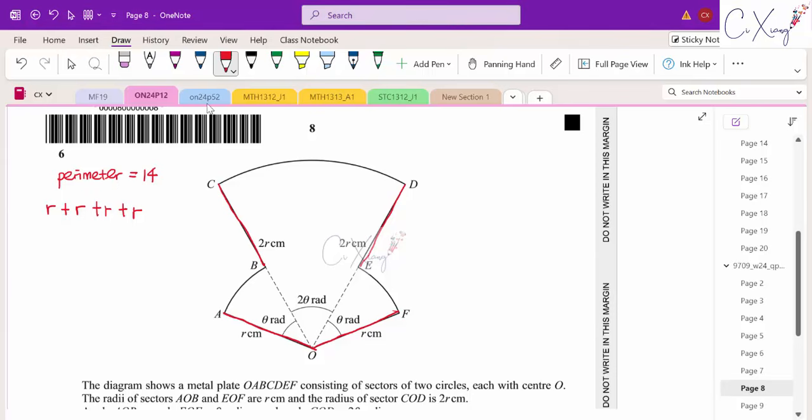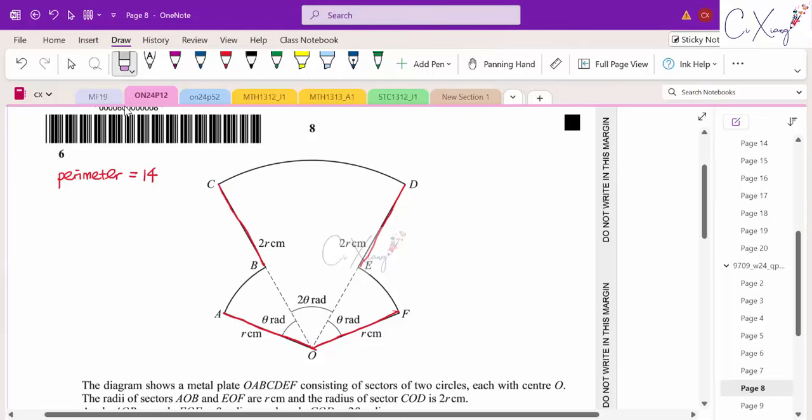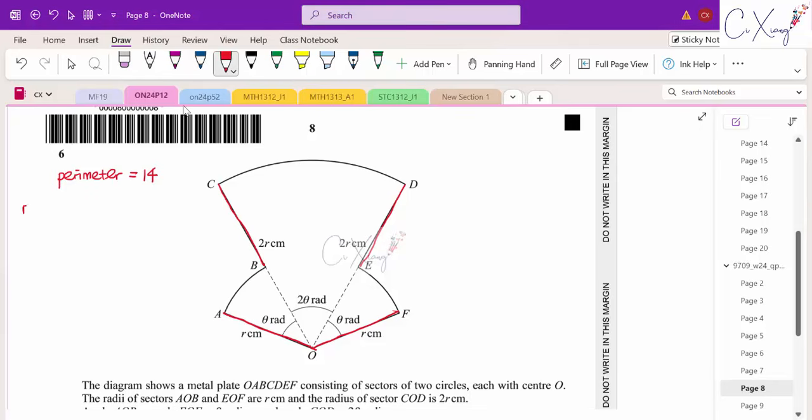Now we consider the arc lengths. For arc length CD, the radius is 2R and the angle is 2 theta. The arc length is r theta, so 2R multiplied by 2 theta.